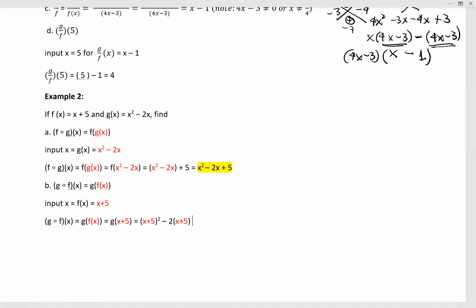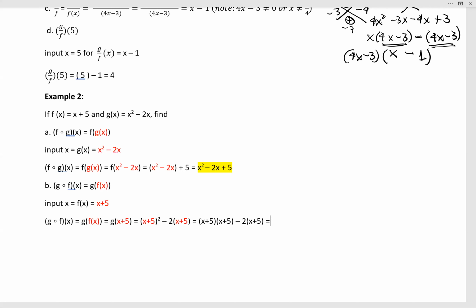If you remember the formula for (x plus 5) squared, you can just apply it. But if you forget it, you do distribution for x plus 5 times x plus 5, and then minus 2 of x plus 5.